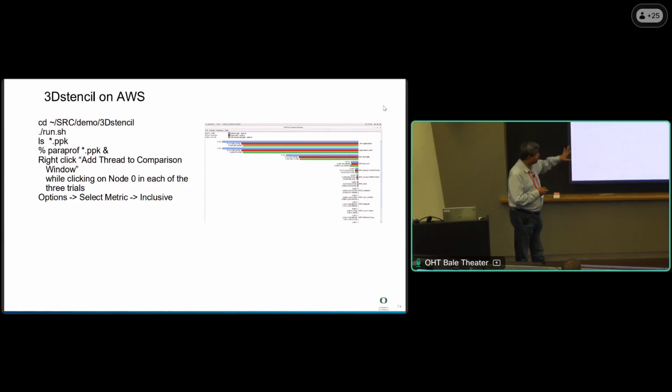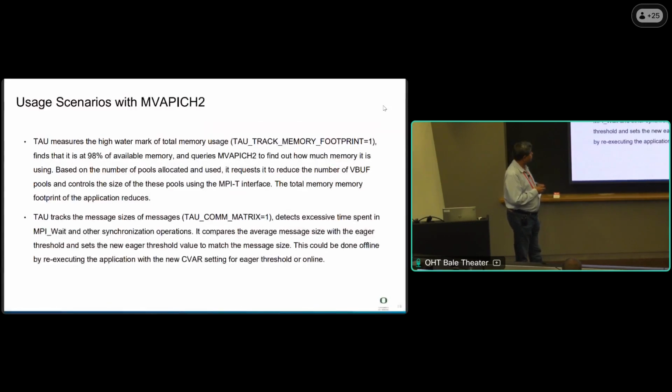And then we can even have a plugin for auto tuning that can generate this, so it does it automatically for you. There are other scenarios for memory usage and message sizes where we can detect and then change this.